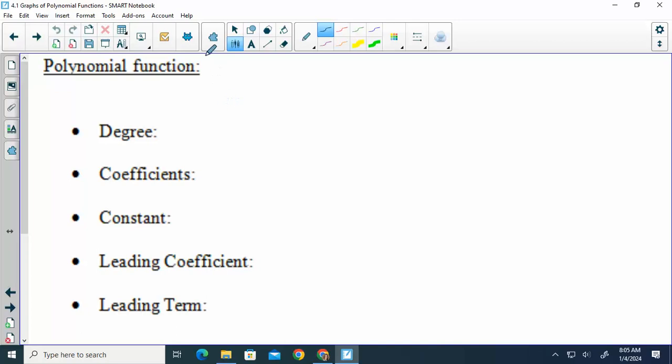So a polynomial is just when we are adding powers of x together, and they can have a coefficient. A lot of times we write them in decreasing order. You will see this definition pop up periodically, and it looks a little confusing, but all it's saying is we are adding powers of x.